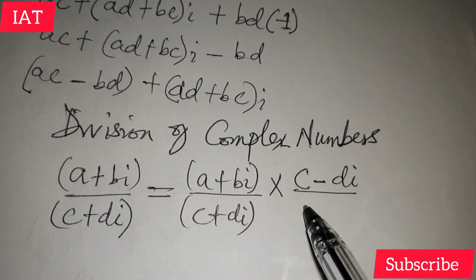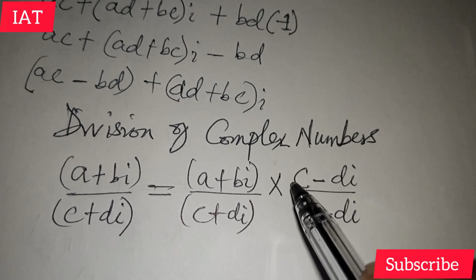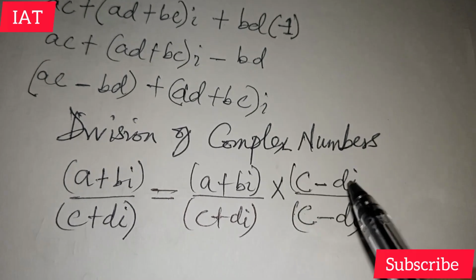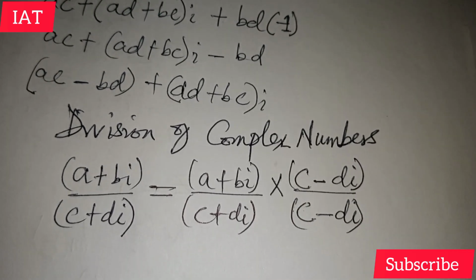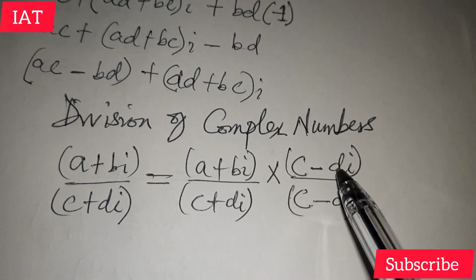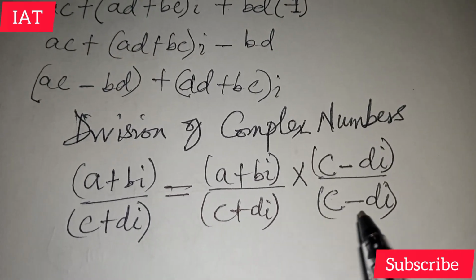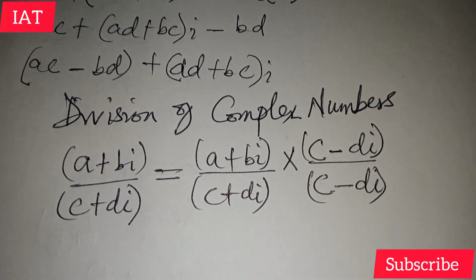You divide by itself, c minus di, and use it to multiply the complex number here. This is the operation you need to do. If you want to expand this, you just have the numerator multiplied by this, which goes the same way we did the multiplication. The denominator multiplies by this, and then factor out what's necessary.